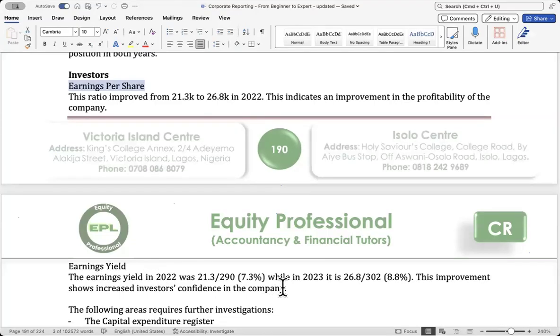Is it earnings yield? This is not earnings yield though. This is price earning ratio. Yeah, I can compute earnings yield.